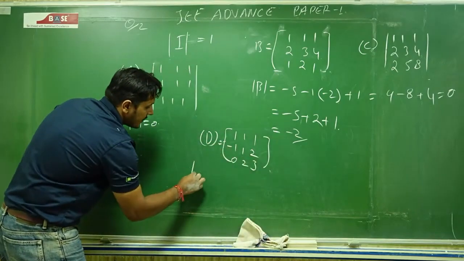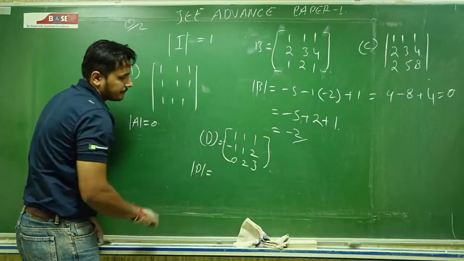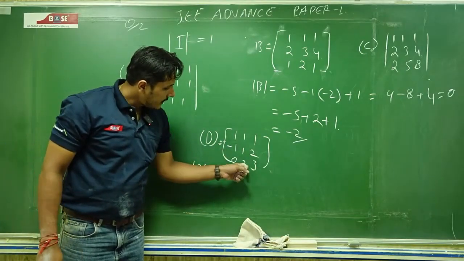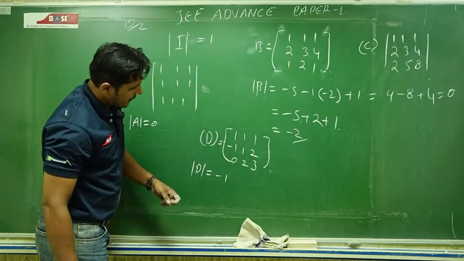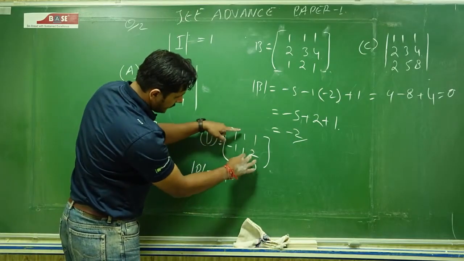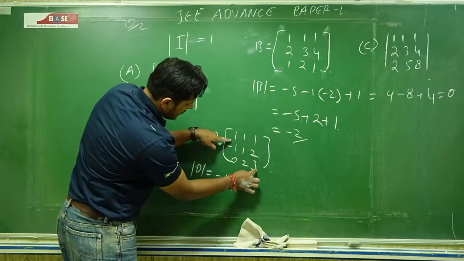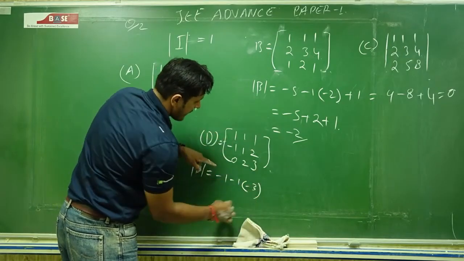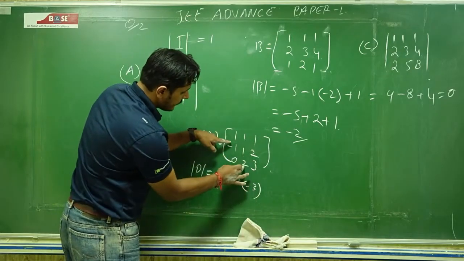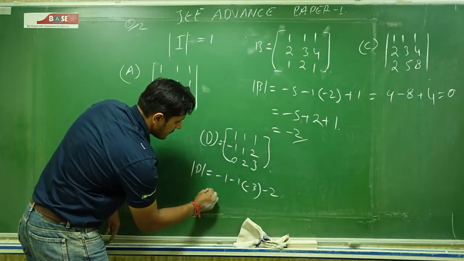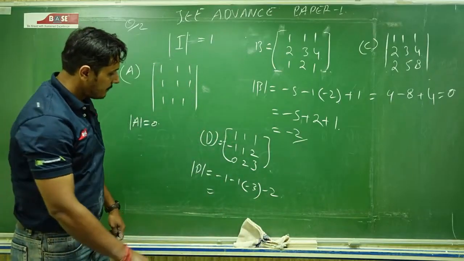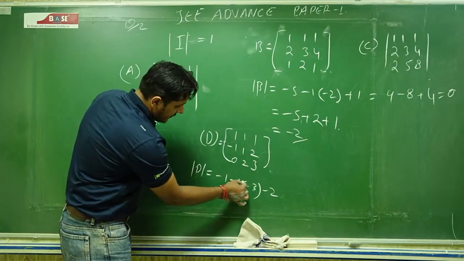This is matrix D. So det of D, 3 3 minus 4 minus 1, and for this that is minus 1 into minus 3, because this will become 0, and for 1 this is minus 2, plus 3 plus 3 minus 3.